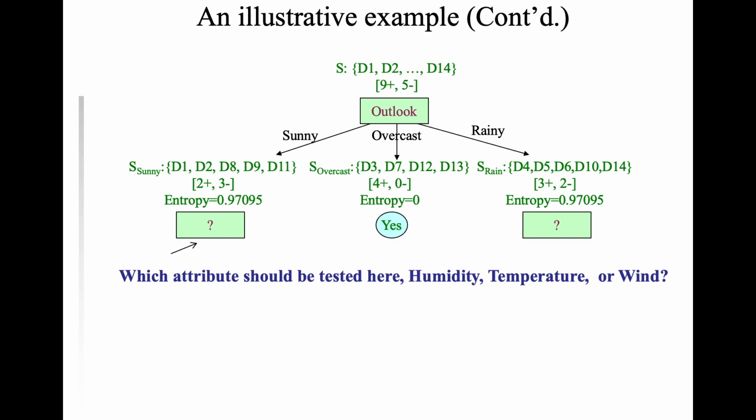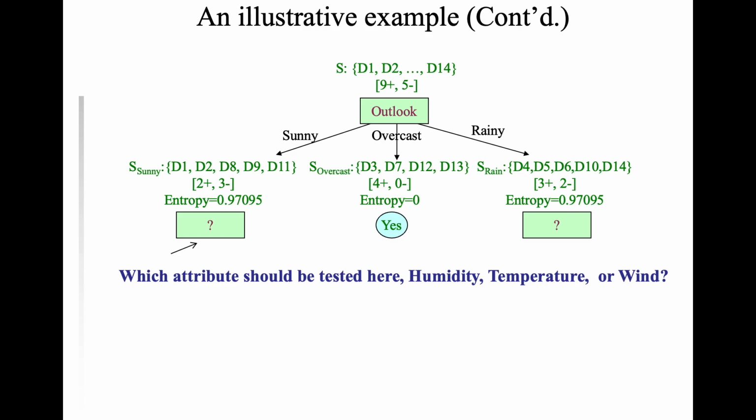Right? Just be careful not to put the whole set here. So we deduct the entropy of S Sunny from the weighted sum of the entropies of S Sunny and humidity normal, S Sunny and humidity high, right?